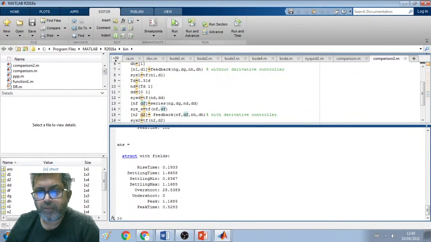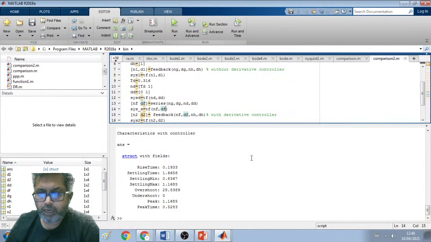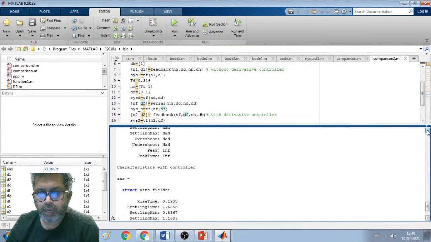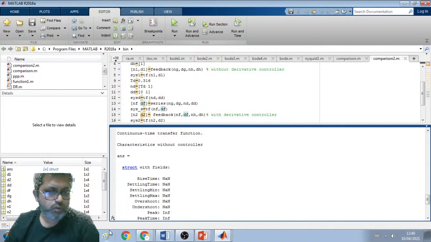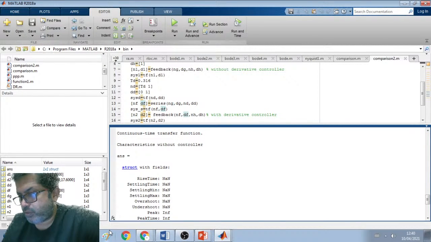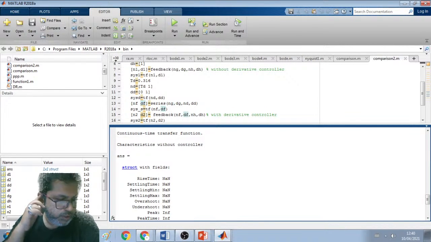Again, I will just write down characteristics with controller, characteristics without controller. So you can see the difference.